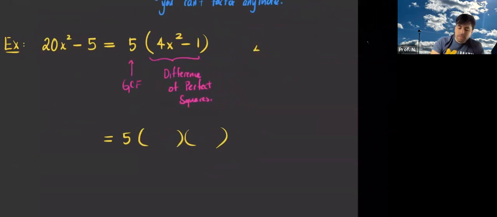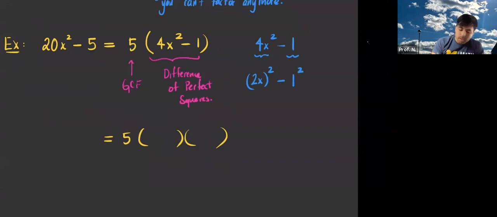So let me write this over here. 4x squared minus 1, right? Remember, we always want to rewrite this so that it's something squared minus another thing squared. So 4x squared can be rewritten as (2x) squared, and then 1 is 1 squared. That's right, Samir.